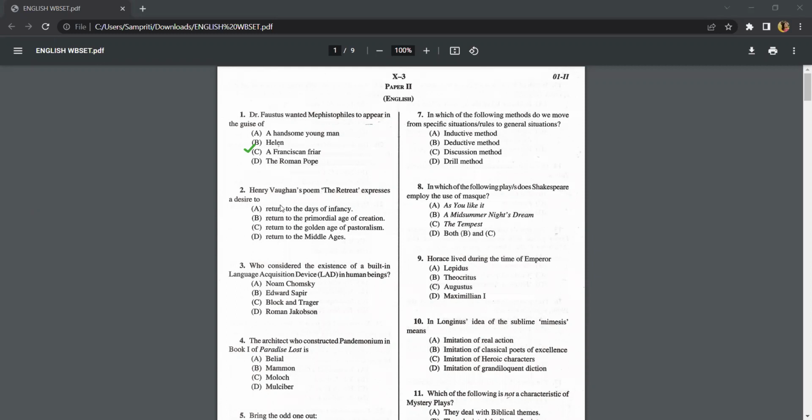Number 2, quickly moving on. Henry Vaughan's poem, The Retreat, a very important poem, expresses a desire to return to the days of infancy, return to the primordial age of creation, return to the golden age of pastoralism, return to the Middle Ages. As you know, The Retreat is very much identical with poems like The Prelude or Tintern Abbey.